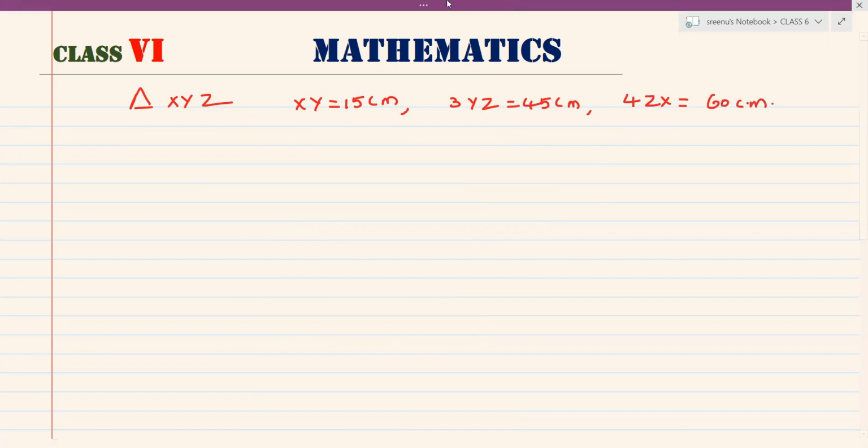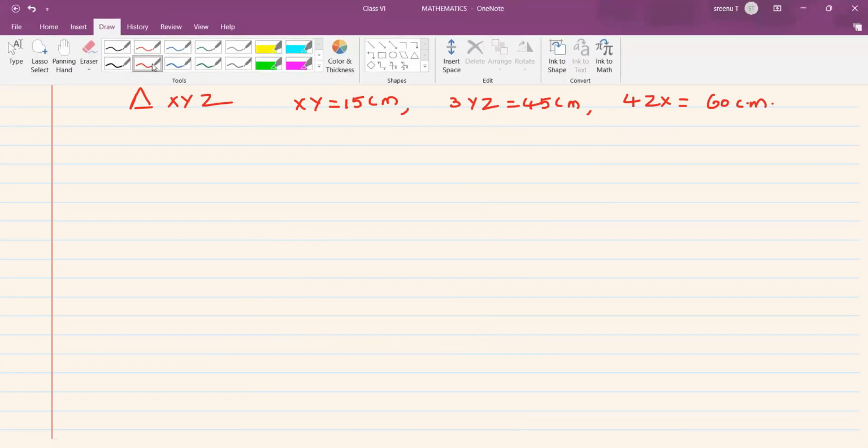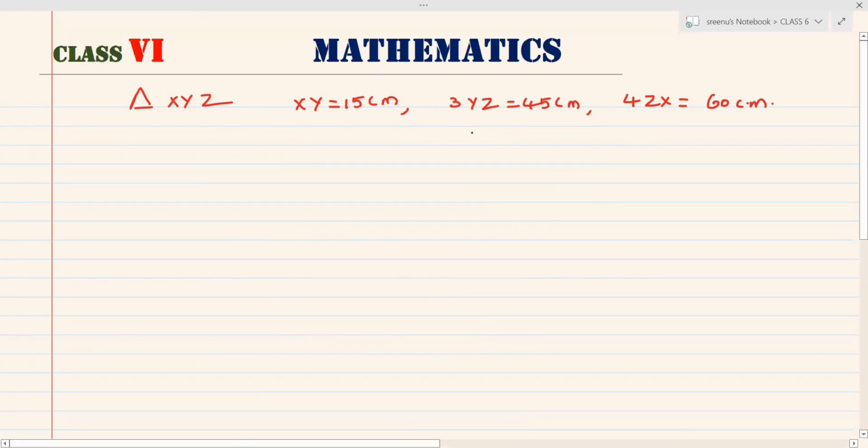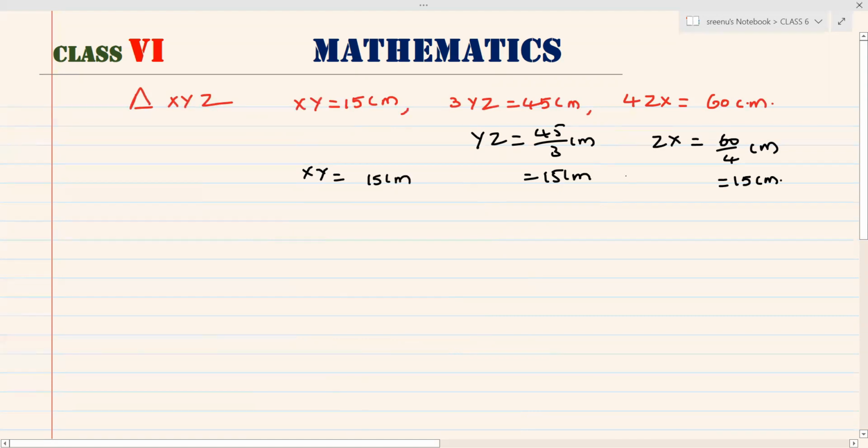Then what kind of triangle is it? Let us transpose 3. We will get 15 centimeters only. And 4 you can transpose. Here also 15 centimeters. So XY is 15 centimeters, YZ is 15 centimeters, ZX is 15 centimeters.